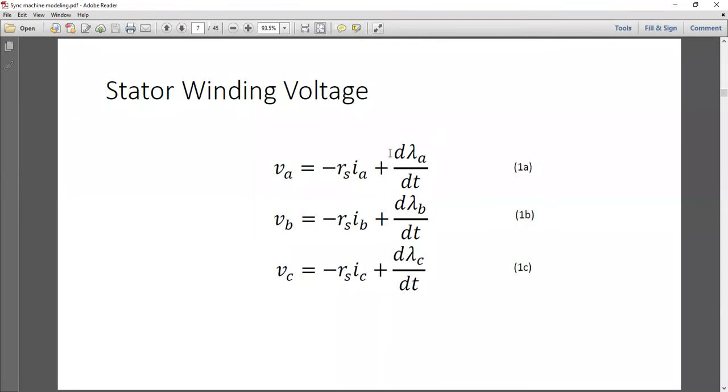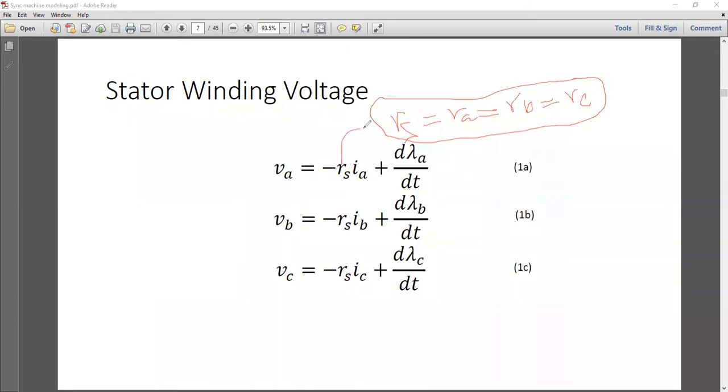Okay, so this RS, as I was saying, we have assumed is equal to RA equal to RB equal to RC. Why? Because we are considering a balanced set of windings. They have balanced inductance and balanced resistance for each coil.